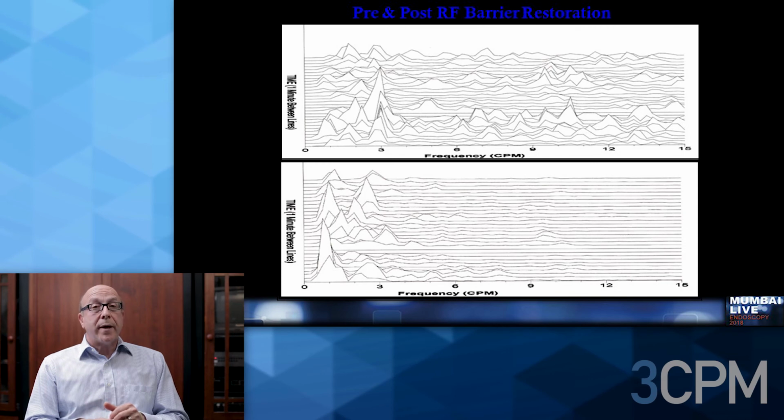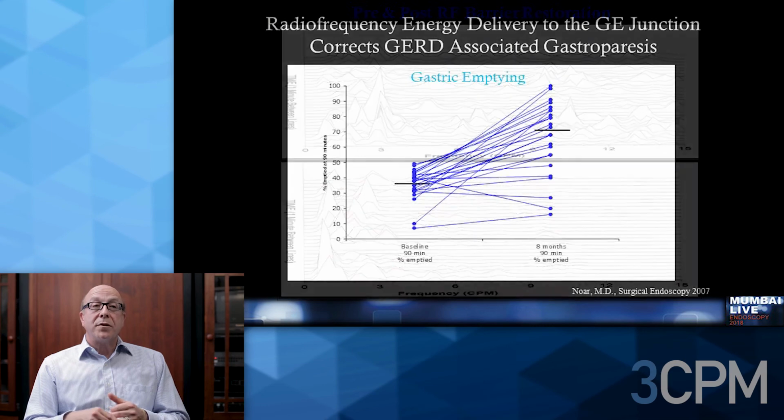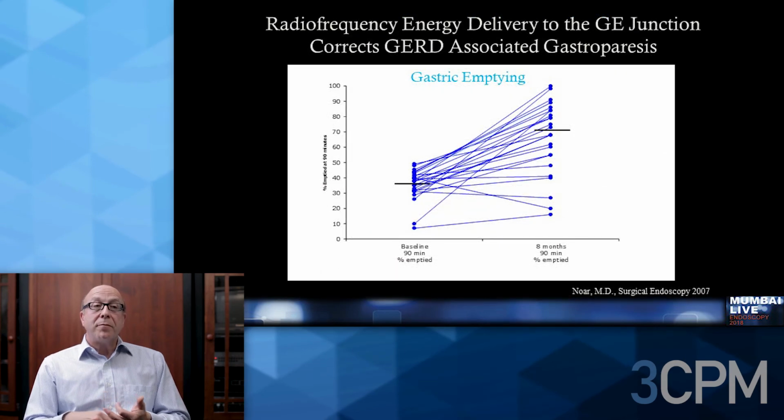Now, we would expect that by improving the gastric yield pressure and then improving the contractility of the stomach, then a pathological condition such as gastroparesis, where we know things empty slowly, would also correct itself. And in fact, when we studied that, looking at patients pre and post correction of reflux, as you can see in this slide, the gastric emptying baseline at 90 minutes in terms of percent emptying was very abnormal.